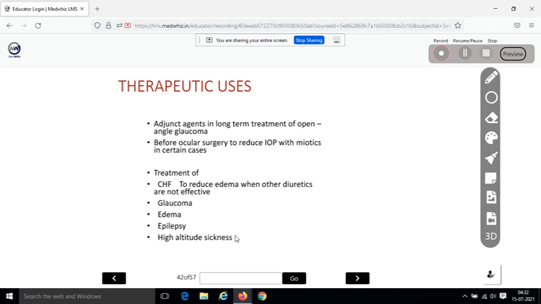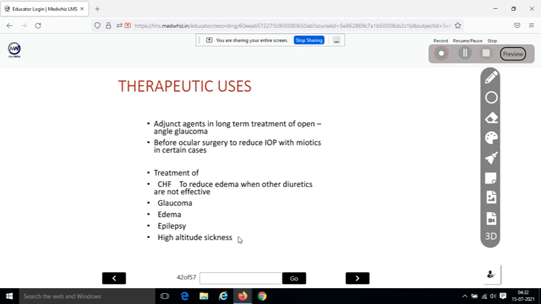By decreasing CSF formation and decreasing the pH of the CSF and brain, acetazolamide can enhance performance status and diminish symptoms of mountain sickness. Prophylaxis can also be achieved by starting oral acetazolamide 24 hours before ascent.